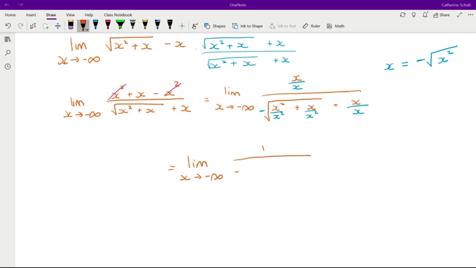So what are we left with? On the bottom, we have negative square root of 1 plus 1 over x plus 1, okay? And then again, as x goes to negative infinity, 1 over x will go to 0.